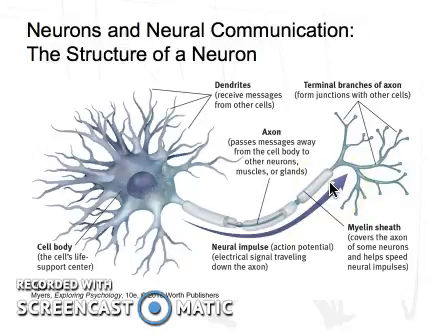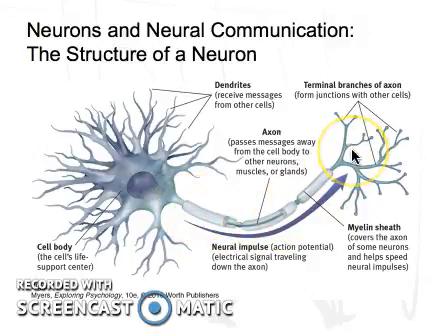This part that is covering the axon is called the myelin sheath, and that just helps speed the neural impulse or the action potential along that axon. It helps the message get sent. So the neural impulse or action potential or message is what travels along the axon.